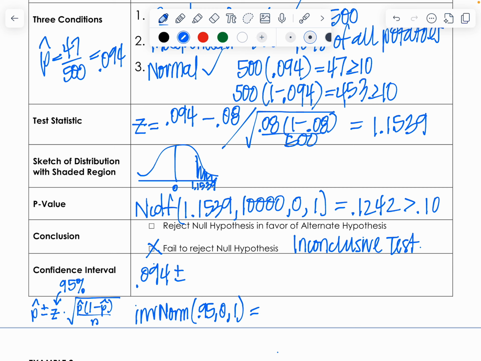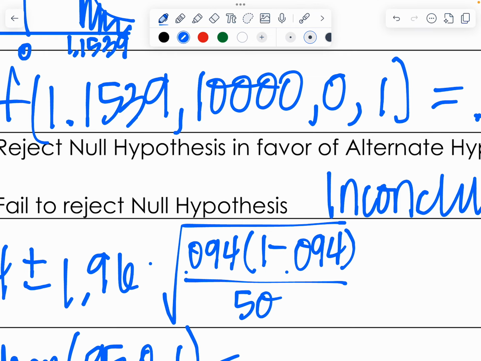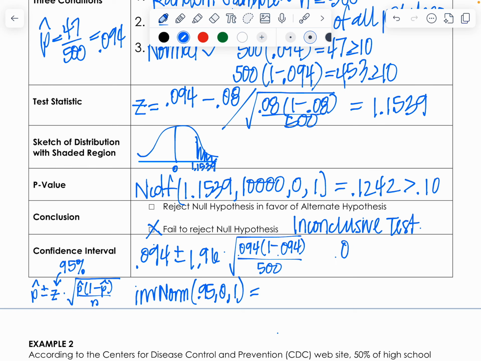We get plus or minus 1.96 times the square root of 0.094 times 1 minus 0.094 over 500, so this will be 0.094 plus or minus 0.0255.